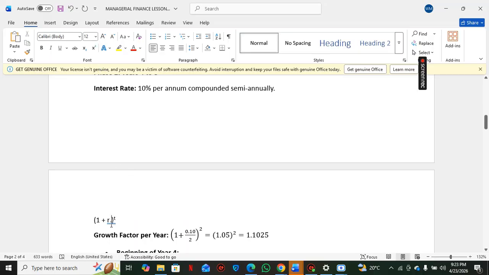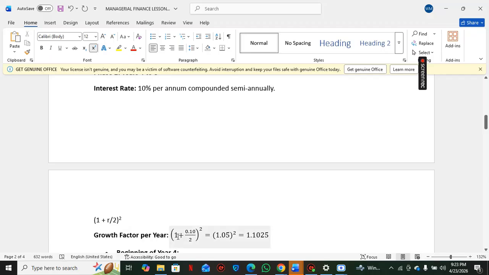Remember, our growth factor is 1 plus r to the power t. So whenever the compounding is semi-annual, you're always going to divide the rate by 2. Since it's semi-annual, it means you'll be paid twice, so the time is going to be raised to the power 2.